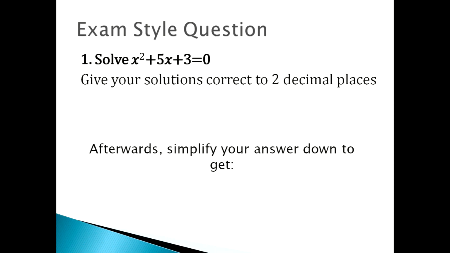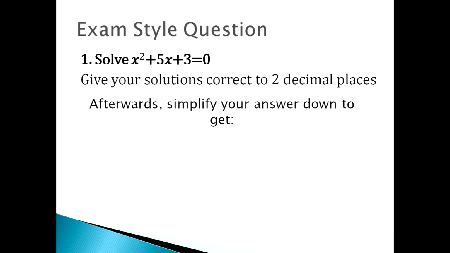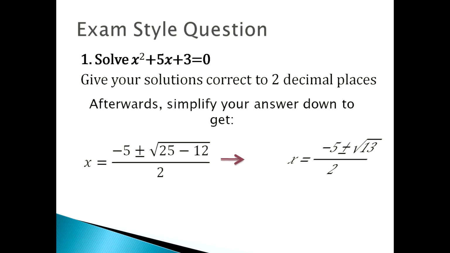Next, you simplify to get x equals minus 5 plus or minus the square root of 25 minus 12, all over 2. Then you get x equals minus 5 plus or minus the square root of 13, over 2.